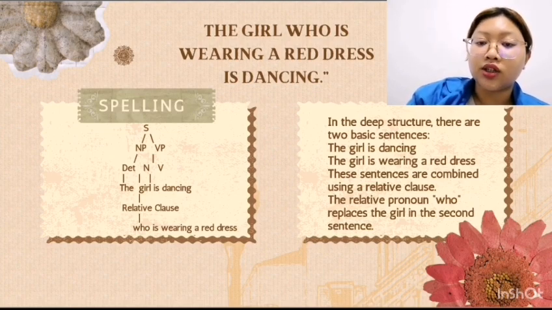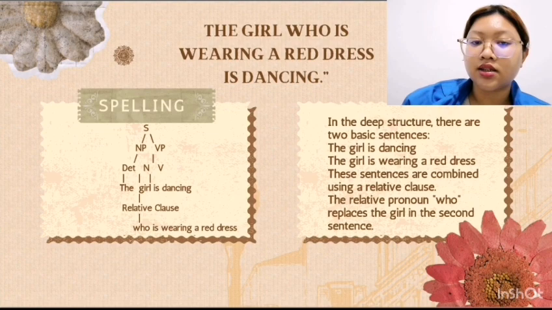In the deep structure, there are two basic sentences: the girl is dancing, and the girl is wearing a red dress. These sentences are combined using a relative clause. The relative pronoun who replaces the girl in the second sentence.